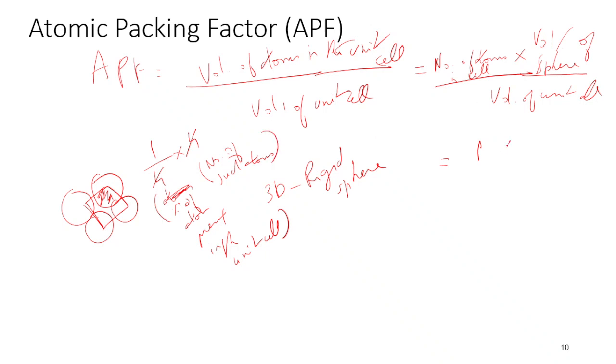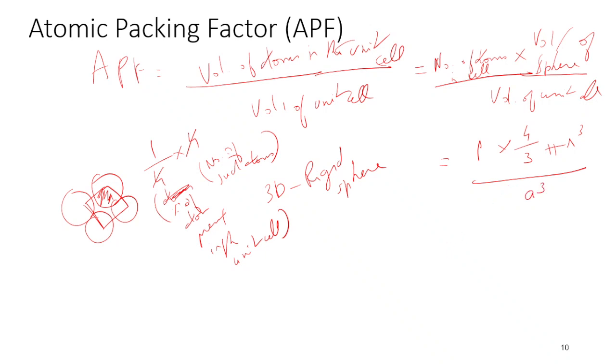We get 1. As we know, the volume of the sphere is 4/3 pi r cubed, divided by the volume of the unit cell, which is a simple cube, that is a cubed.